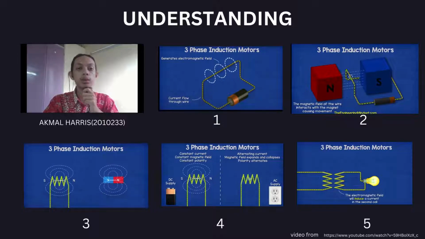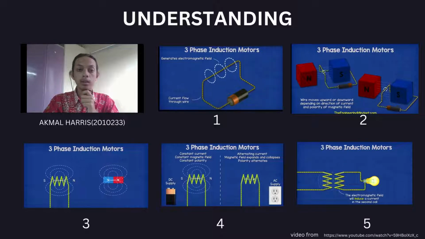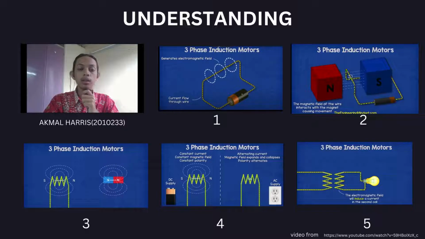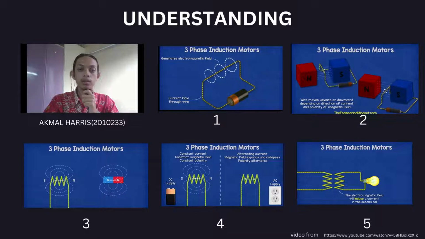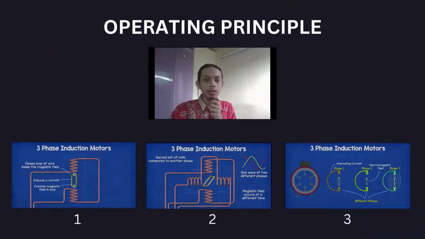Another concept is that when we place another separate coil in close proximity to a coil that has an AC current passing through it, the second coil will produce a current which is induced by the first coil. This is the concept we need to understand.